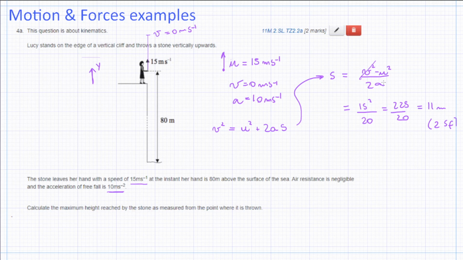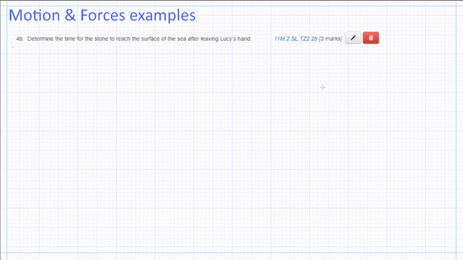Therefore, this would be negative here, and then I would cancel out both signs. If I decided my y to be positive downwards, my acceleration would be positive, however my displacement would be negative. We would get negative 11, and that would mean that we're going opposite to the direction where y is actually pointing towards. So let's go for the next item.